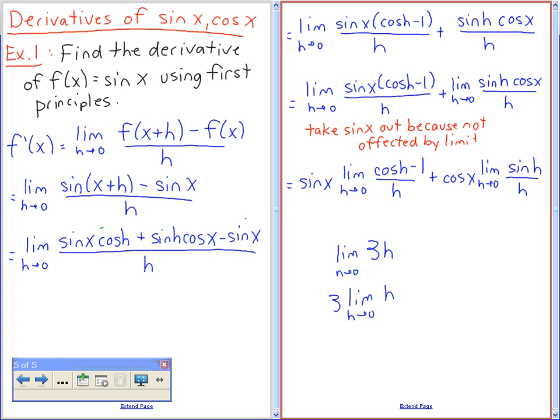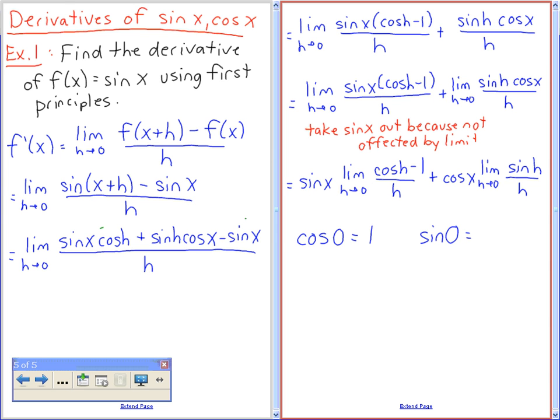Except for this one. Okay, let's get into how this can actually help me here now. What does cos of 0 equal? And what does sine of 0 equal?